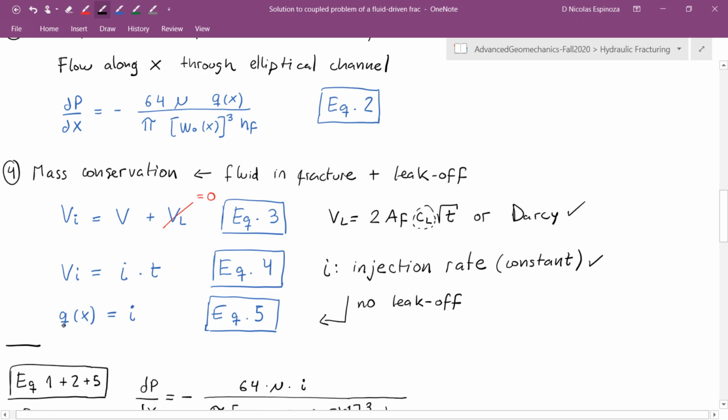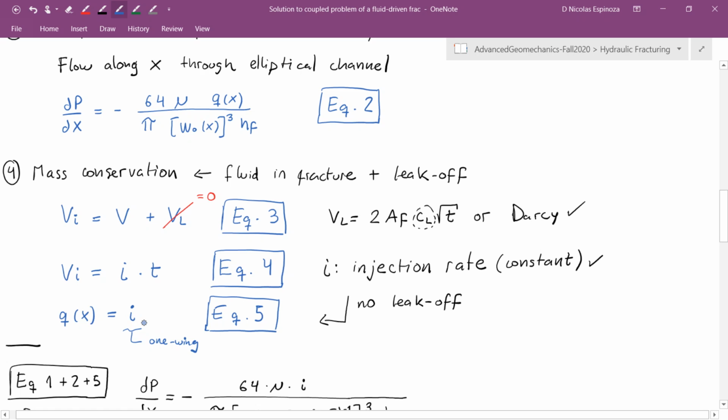And all the fluid that goes through the fracture is equal to just the injected fluid. One clarification: the injection rate I just refers to one wing. So we are just obtaining the solution for the fracture half length, and therefore we're using the injection rate for one wing.